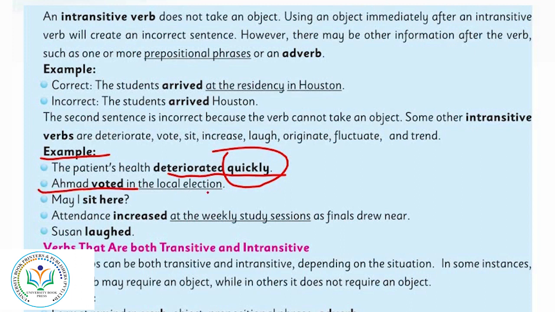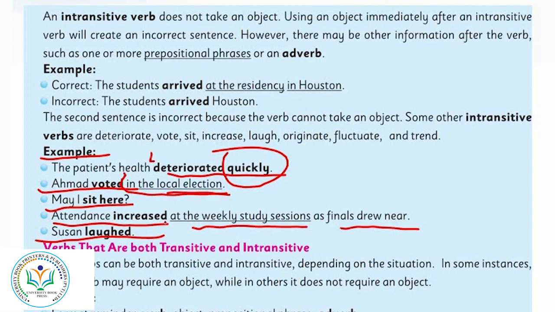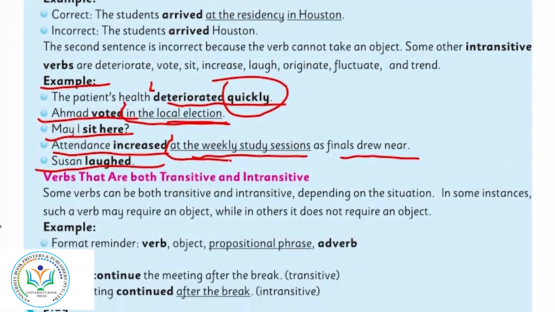Ahmed voted in the local election. May I sit here? Attendance increased at the weekly study session as final review neared. Susan laughed. अगर आप इनको हटा भी दें, तो फिर भी आपका complete हो रहा है sentence. May I sit here? Attendance increased. ये आपके intransitive verbs हो गए. Addition कर सकते हैं आप prepositional phrase और adverbs का.